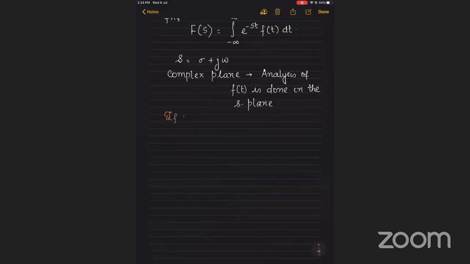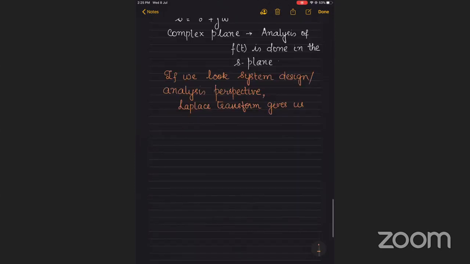If we look at it from a system design and analysis perspective, this Laplace transform is going to give us an idea about the system behavior.